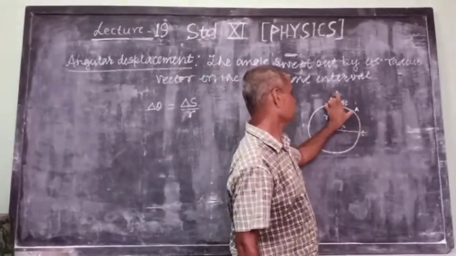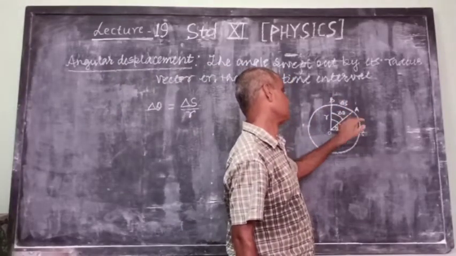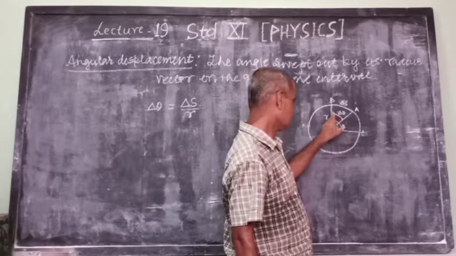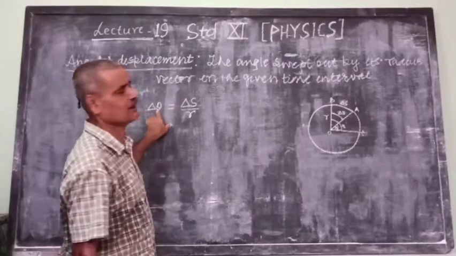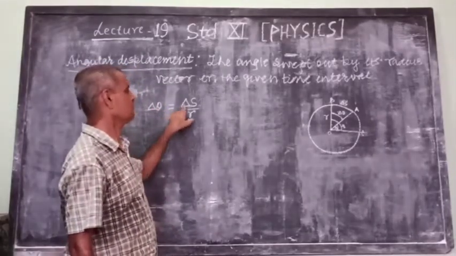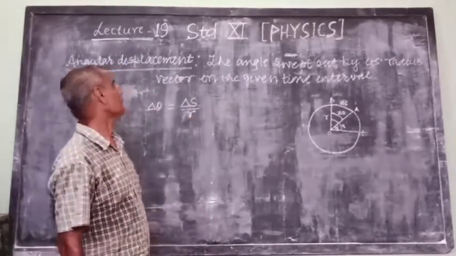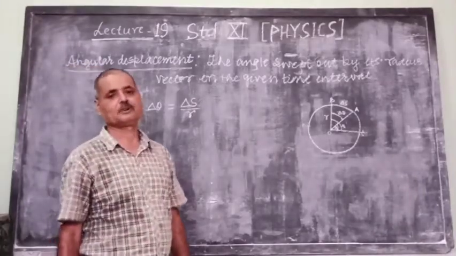Here this is your delta s and this is your delta theta. So angular displacement is equal to delta s by r.